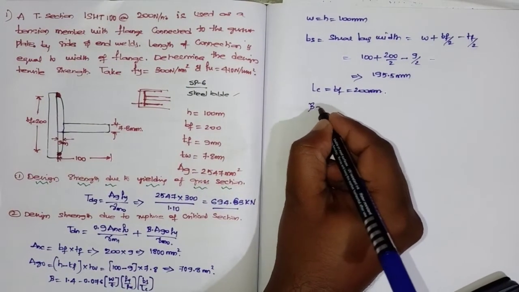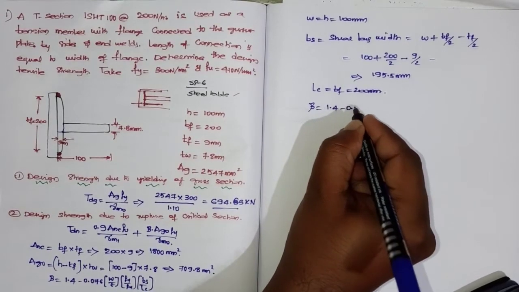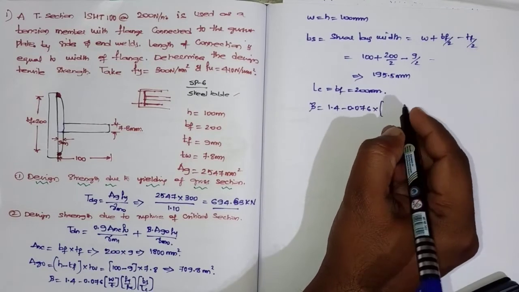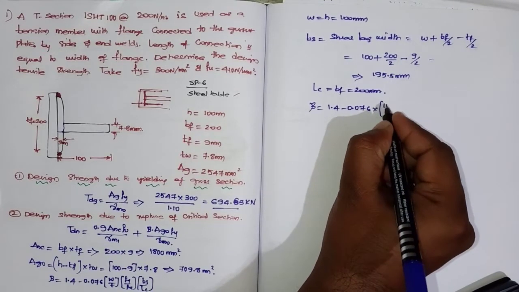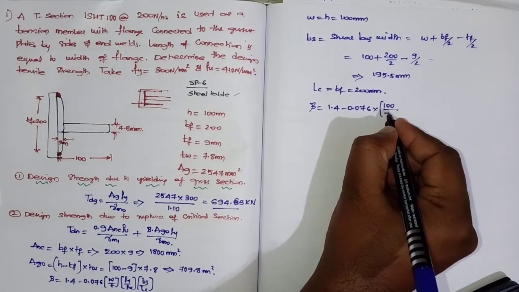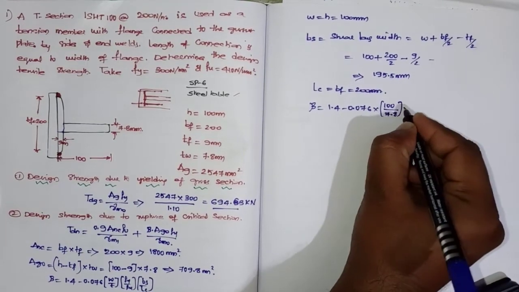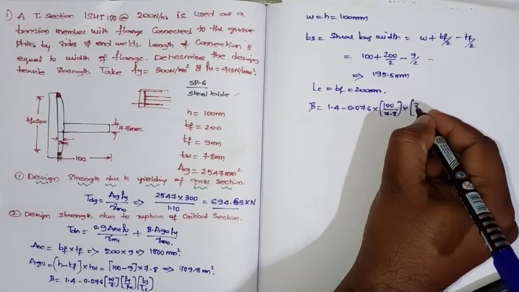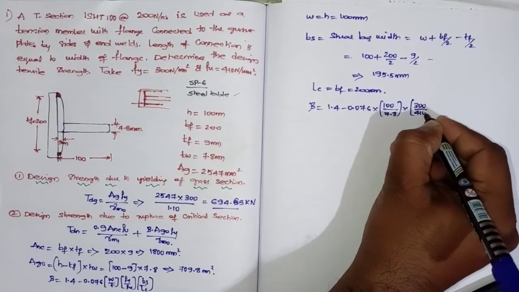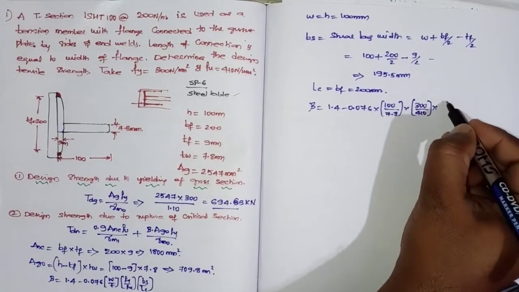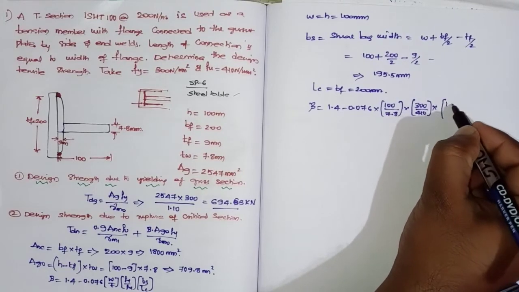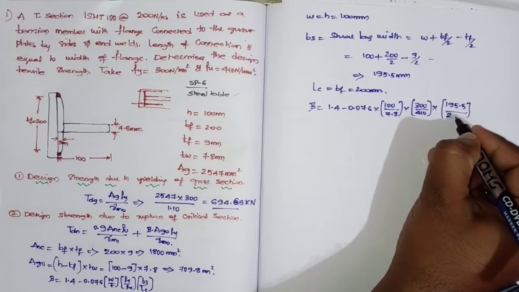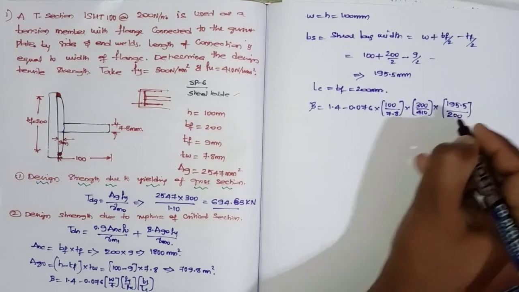Now you substitute everything. So beta equals 1.4 minus 0.076 into, what is w? 100 divided by thickness of web, into Fy given as 300 divided by 410, into Bs, which we calculated just now, 195.5 mm, divided by Lc, 200.